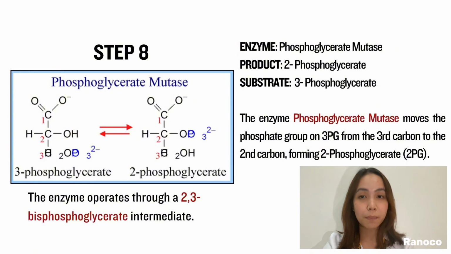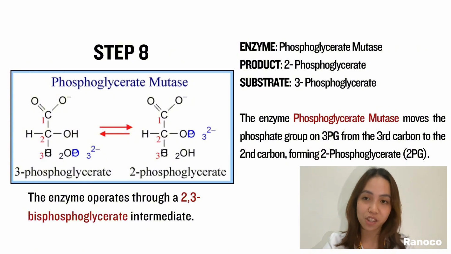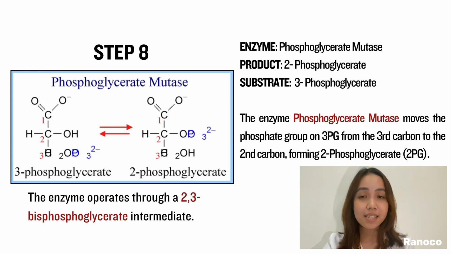This step is all about rearranging the phosphate group on the molecule to get it ready for the next reactions. The enzyme that makes this happen is phosphoglycerate mutase. It has a special active site with a histidine residue that helps transfer the phosphate group. First, the enzyme temporarily adds a phosphate to the second carbon of the molecule, creating an intermediate called 2,3-bisphosphoglycerate.